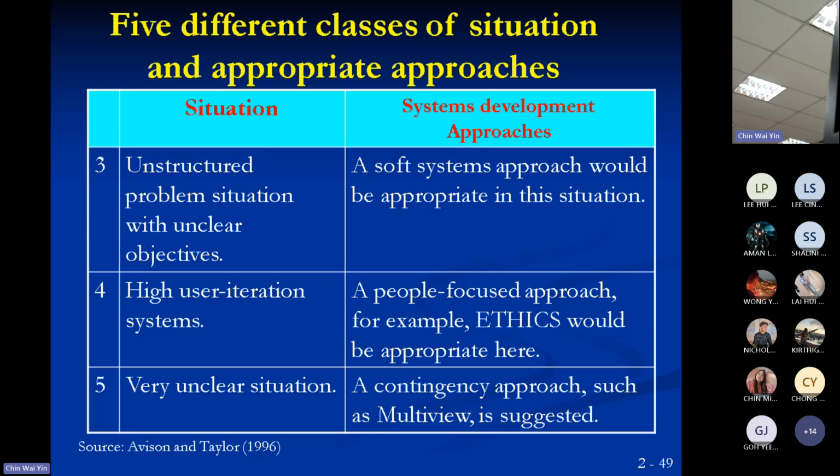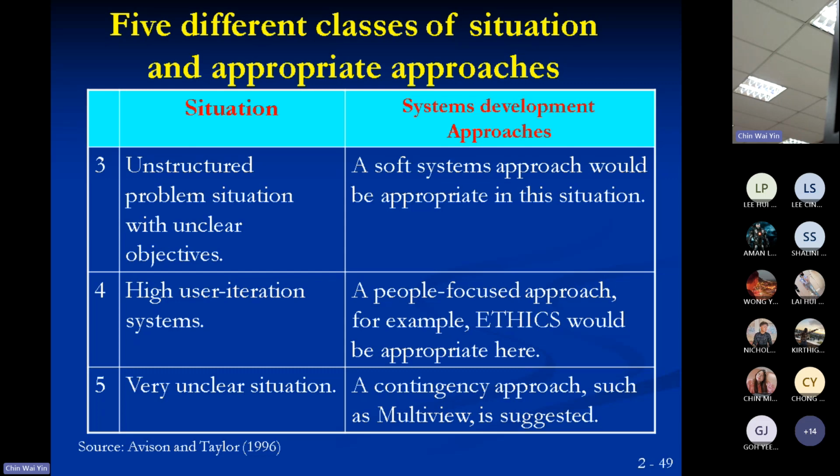So in this case, you have not clarified your problem because it is still very unstructured. The recommendation is to use a soft systems approach. What is a soft systems approach? In lecture 13 and lecture 14, we will cover some of these other types of systems methodology and briefly go through what they are.